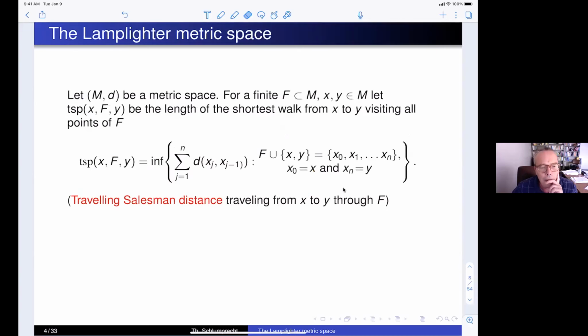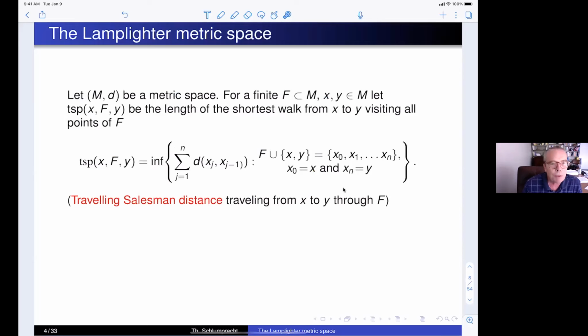So let me explain what the Lamplighter metric space is before I say what the Lamplighter graph is, because it's more general. We are starting with a metric space and looking at a finite subset F and 2 points x and y.